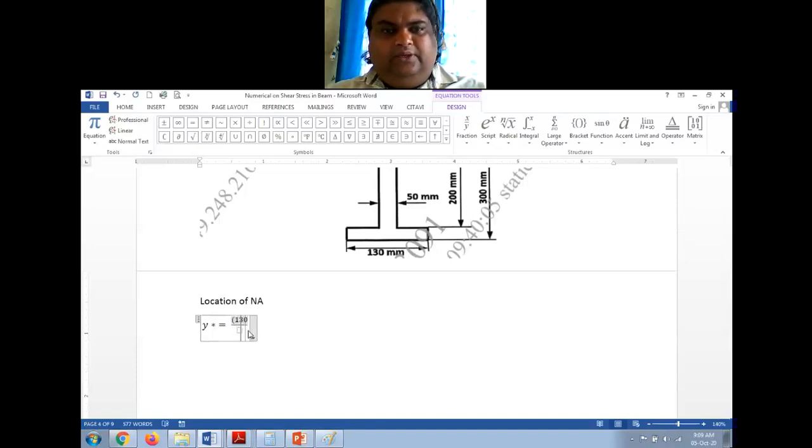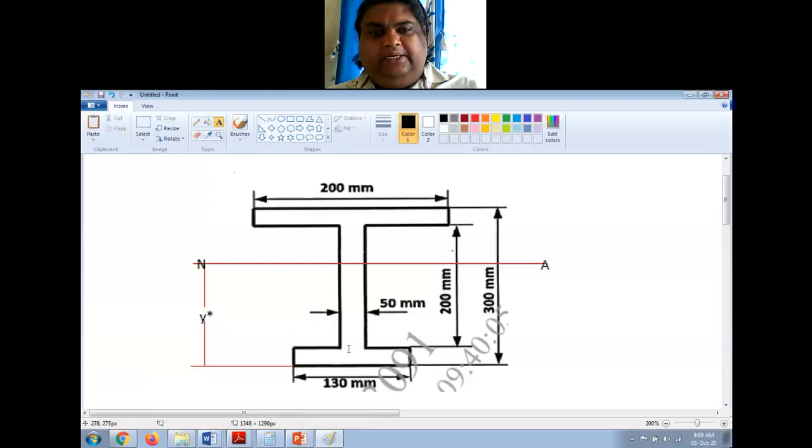So 130 into 50. This is my A1 into Y1 is 25, plus my second rectangle is this web, which is 50 by 200.